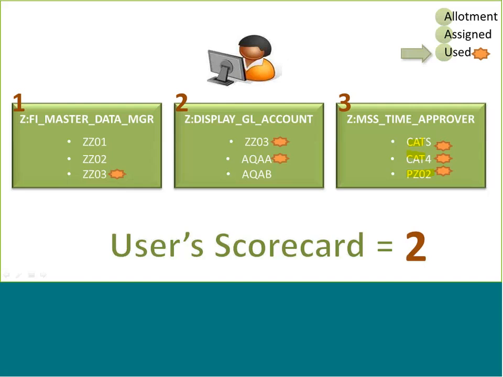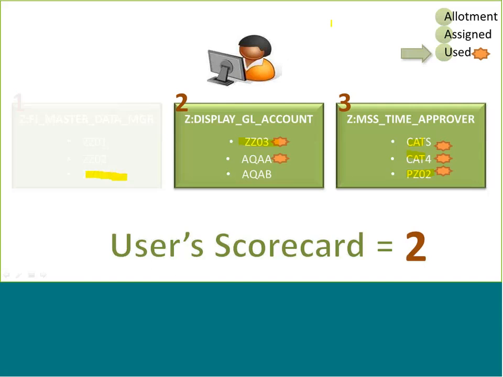Okay, she does use ZZ03, and that is part of a full professional role, but that transaction's also in the limited professional role. So you could remove that full professional role. She could still run ZZ03, and if you couldn't, you could assign her a role that has ZZ03 in it that's a limited professional, and she could still do the job that she needs to do.